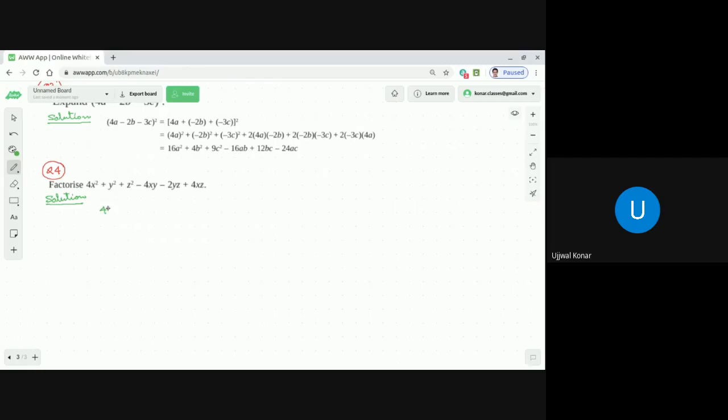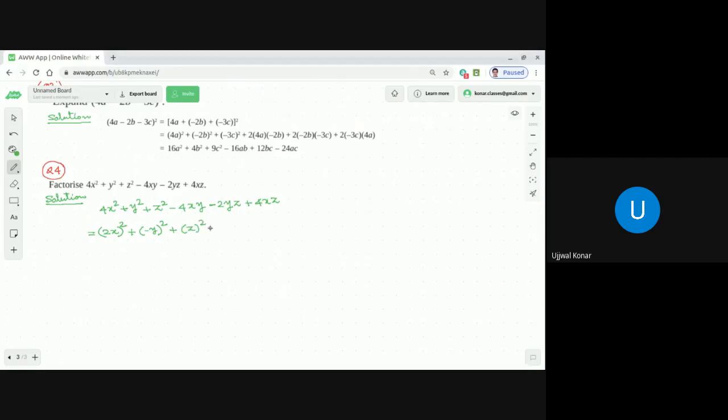It is 4x square plus y square plus z square minus 4xy minus 2yz plus 4xz. What we can write is equal to 2x whole square, plus minus y whole square, and plus z square.